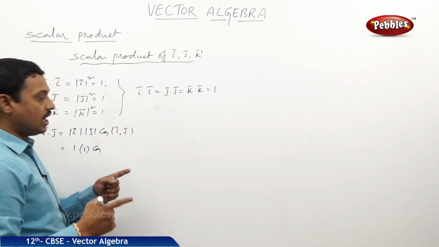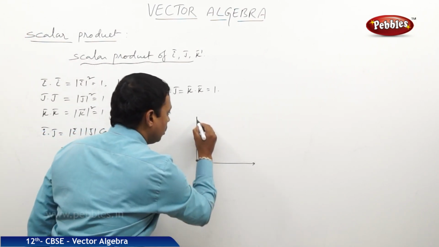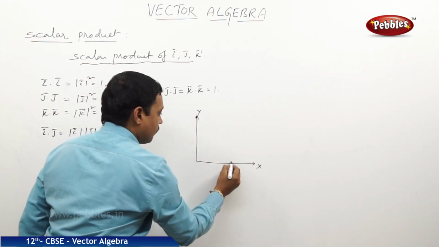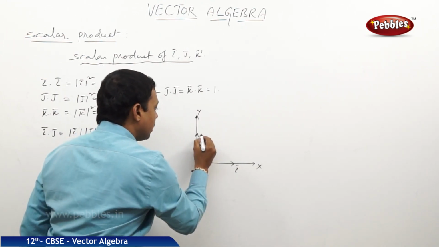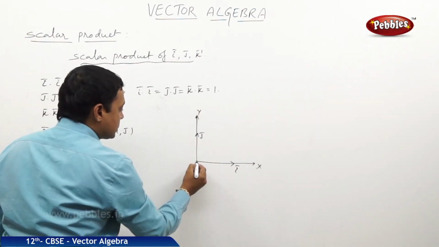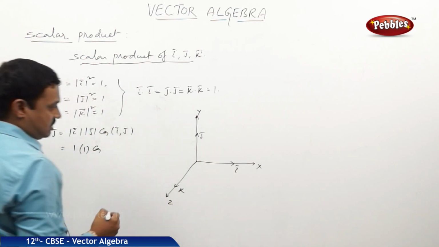You know, the i vector always lies along the coordinate axis x, and the j vector is on the y-axis, and the k vector is on the z-axis.